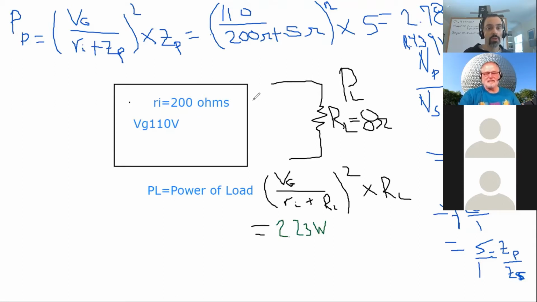You're using some sort of inductive load, such as a transformer, to match the primary side to the secondary side. Did I do this right, ZP? Yes, I think I did it right.